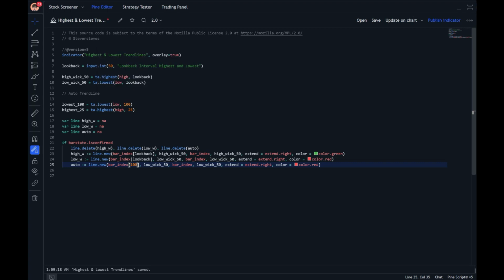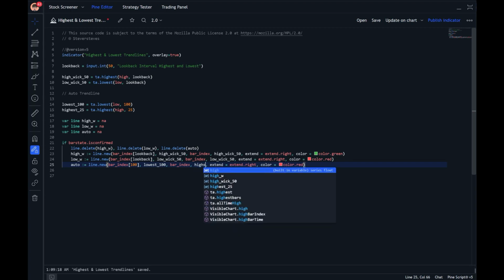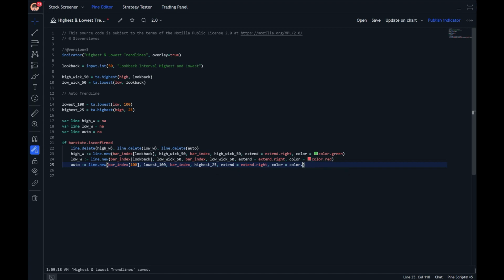So our reference is going to be 100. Our first location is going to be the lowest 100. And our last location is going to be the highest 25, okay? And we'll change the color to purple.